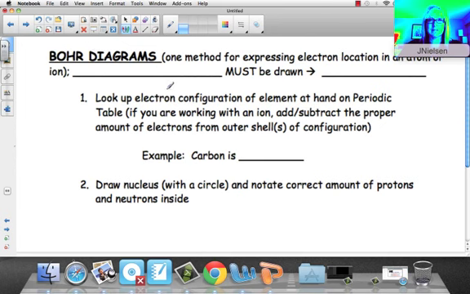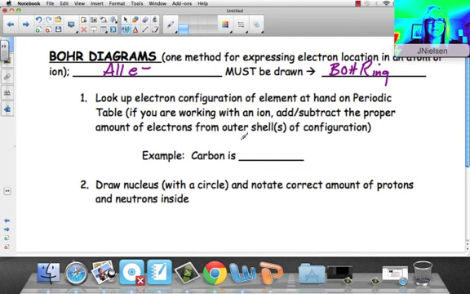One method for expressing electron location in an atom or ion is called the Bohr diagram. This is also referred to as the Bohr ring. So all electrons must be drawn. First we look up the electron configuration of the element at hand on the periodic table.